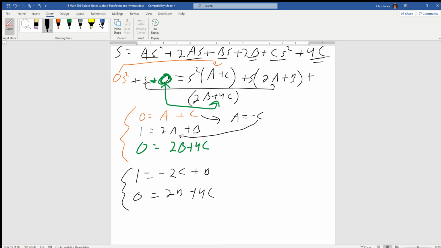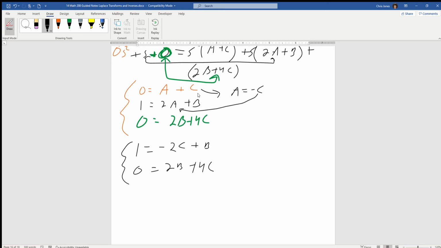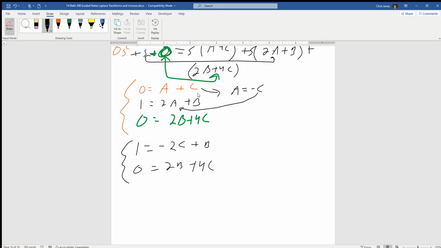Then we can solve this. We subtract 4C from both sides, so negative 2B equals 4C, or B equals minus 2C. Then we plug that back in up here: 1 equals negative 2C minus 2C, and clearly negative 1/4 is equal to C.